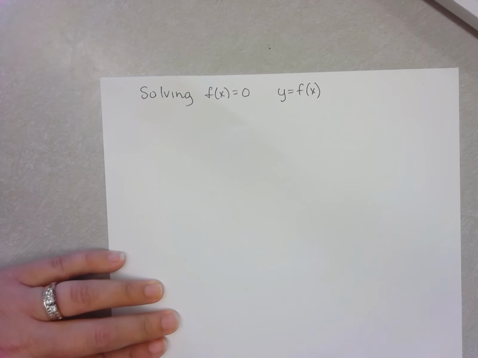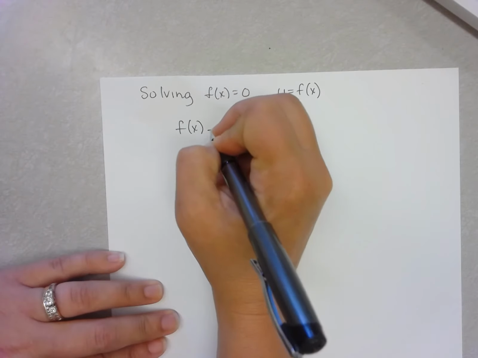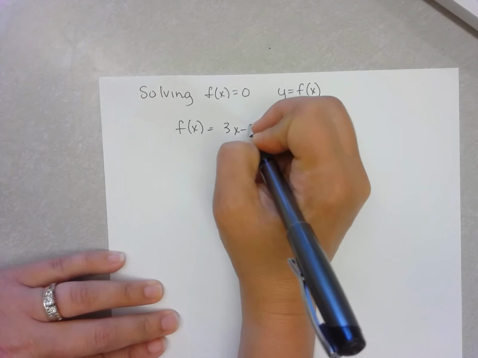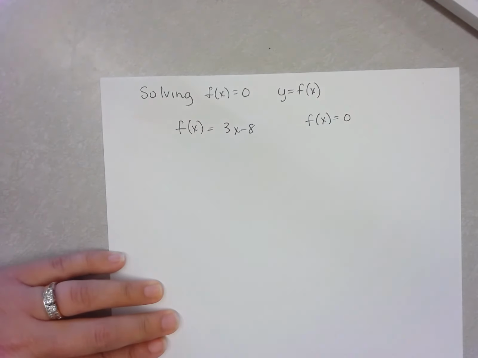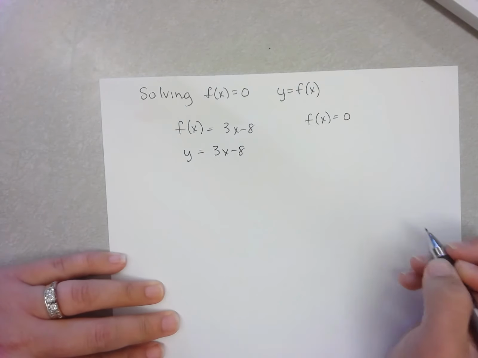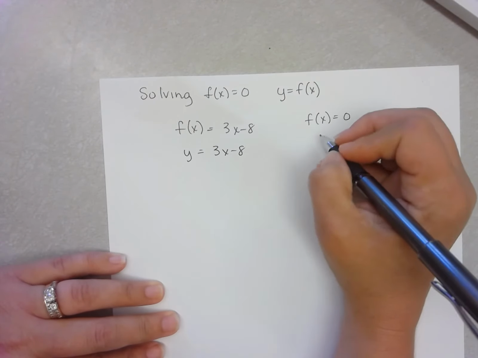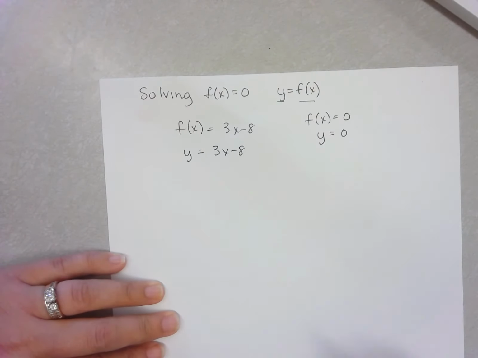Okay, so let's do an example of that. So let's say I have f of x equals 3x minus 8, and I want to find where f of x equals 0. A lot of times when we're solving equations, what we do is we replace f of x with y. So I have y equals 3x minus 8, and this f of x equals 0 is interchangeable with y equals 0 because y equals f of x.